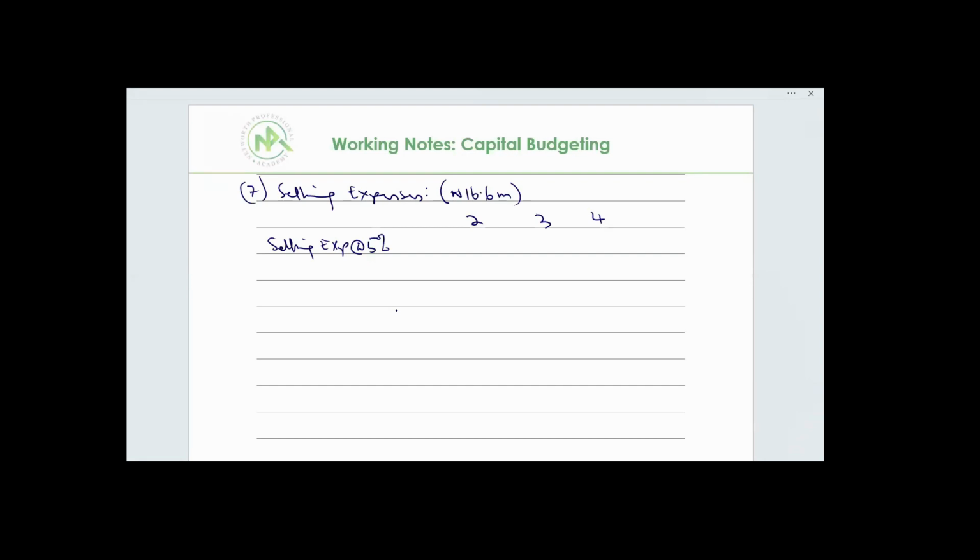So this 16.6 million in the first year will be 17 million when you round it. When I now want to inflate for the second year, I'm not going to use 17. I will use 16.6. Therefore, 16.6 multiplied by 1.05.